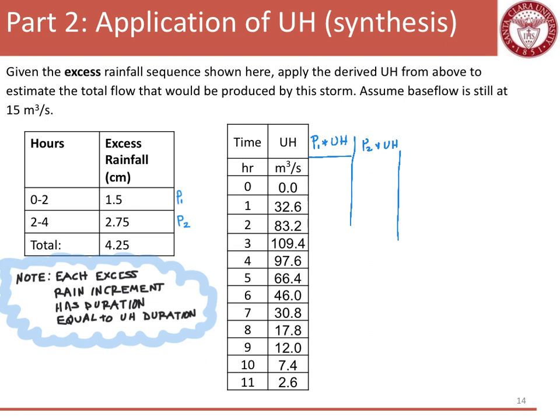But I have to remember to delay the start of the second unit hydrograph by the duration of the storm. So I'm going to create a table on the next page that fills this in for us.